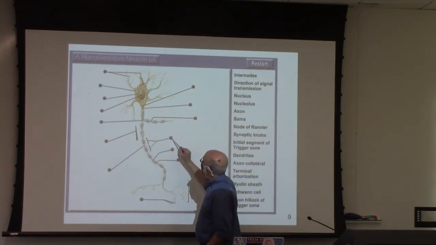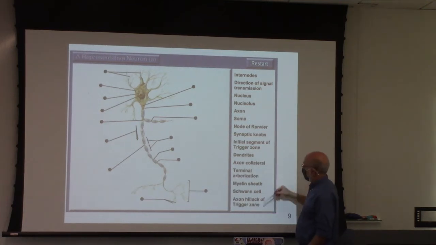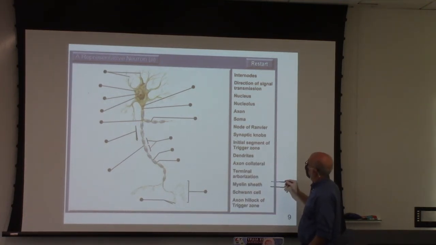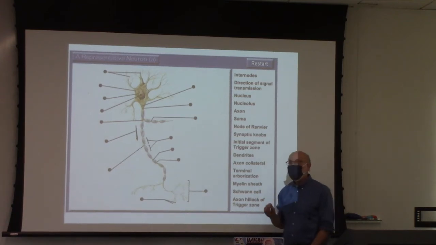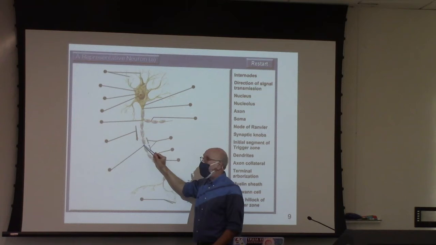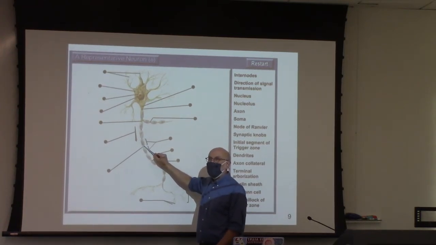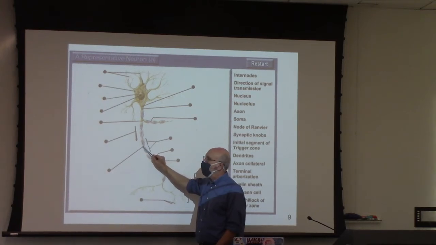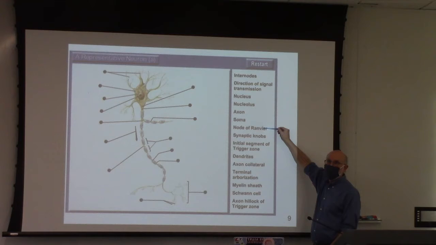So you could say that this is Schwann cell. This game also calls them internodes. Let's not worry about that. These are Schwann cells. Where the axon is not insulated with the Schwann cell myelin is the node of Ranvier.